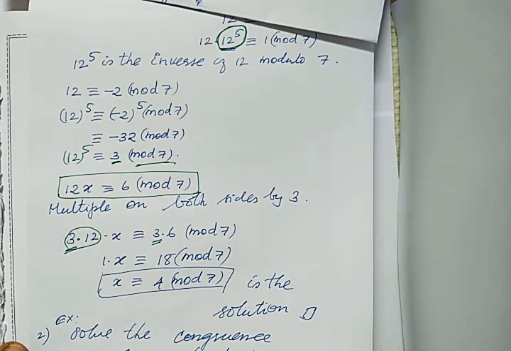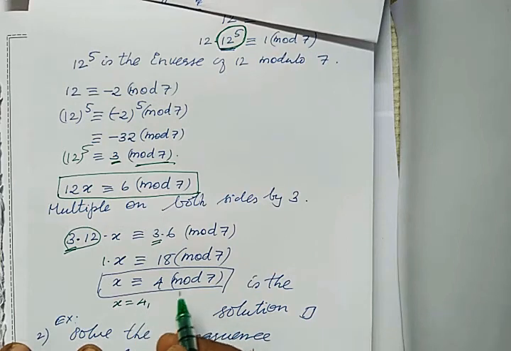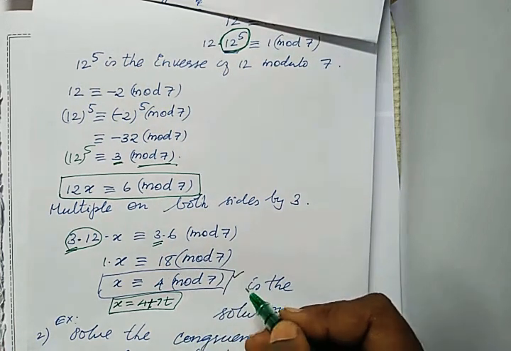This is the solution, right? X is equal to 4, and we can add any multiple of 7. This is the general solution.